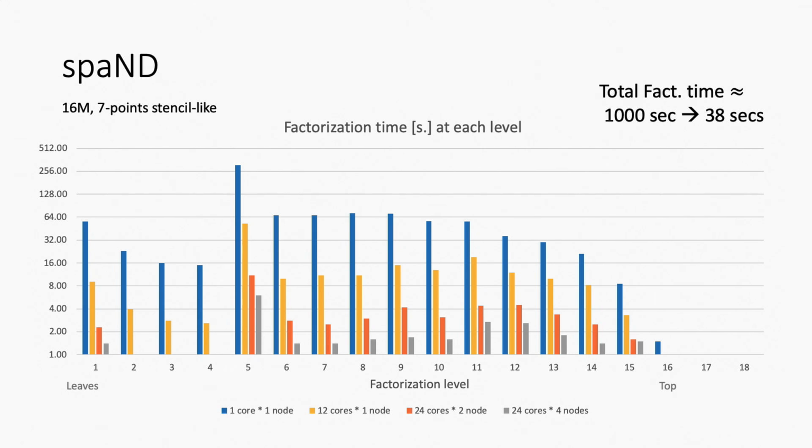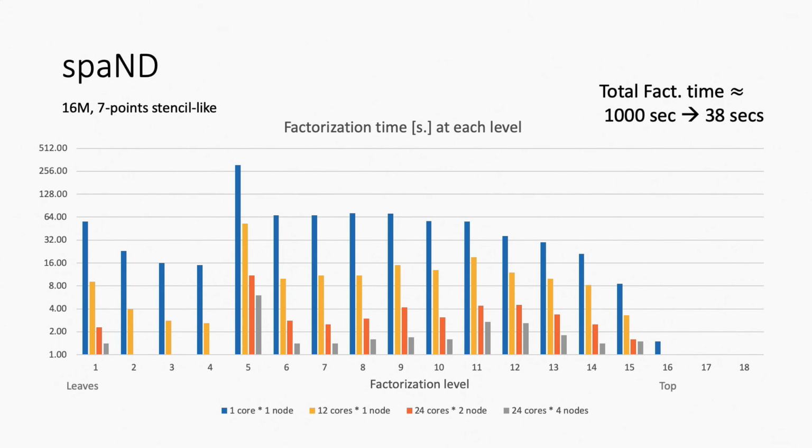And I end up with 30x-ish speedups. So not 100, but as a first try, it's not too bad, I guess. So you come from 15 minutes to 35 seconds for the factorization. And this is on a cubic, basically a cube problem.